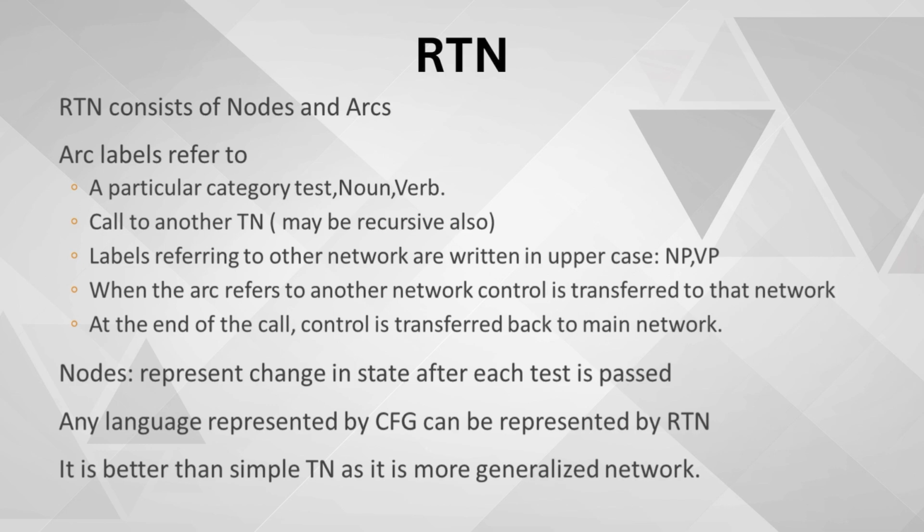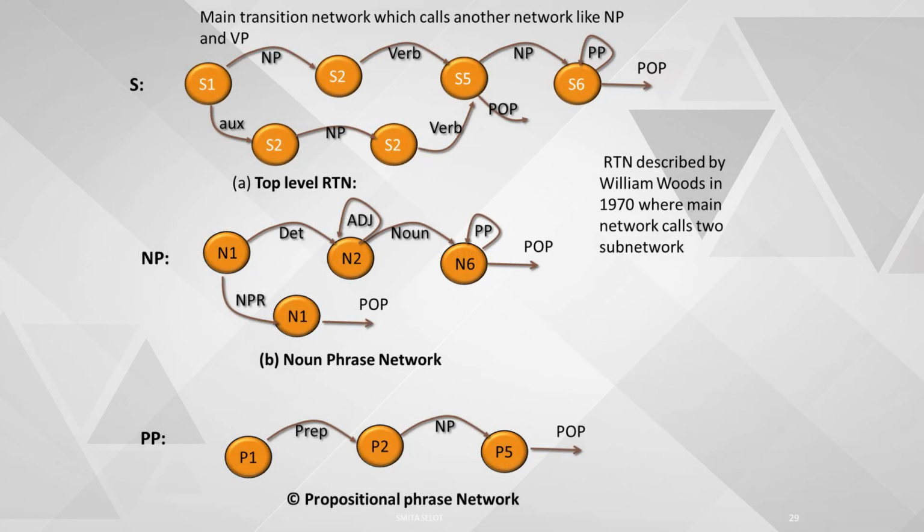Labels which refer to other networks are generally written in upper case. Let us see the diagram given in the slide. This network was given by William Woods, and in the first network we have S1 as a node and NP as a call to another network.